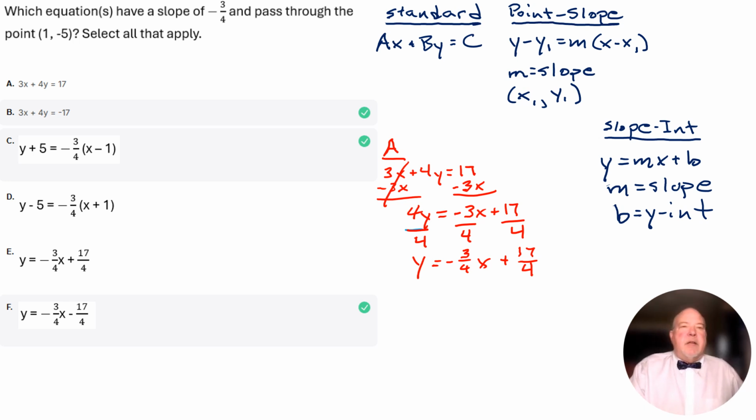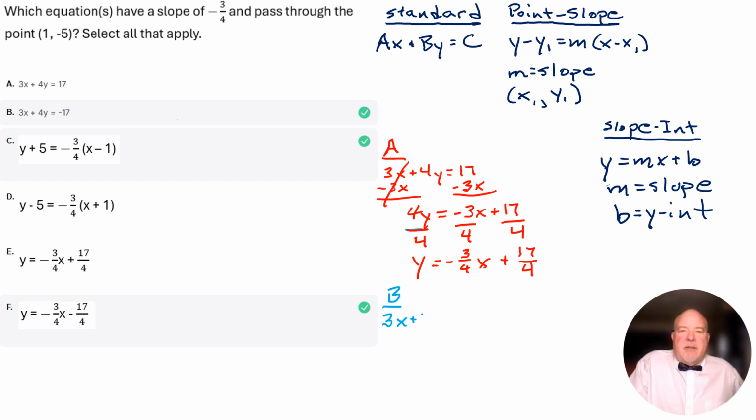So now let's look at B. I think I can fit B underneath this. I wish I had more room. I'll do it down on the bottom here. So for B, I have the same thing, but it's equal to negative 17.